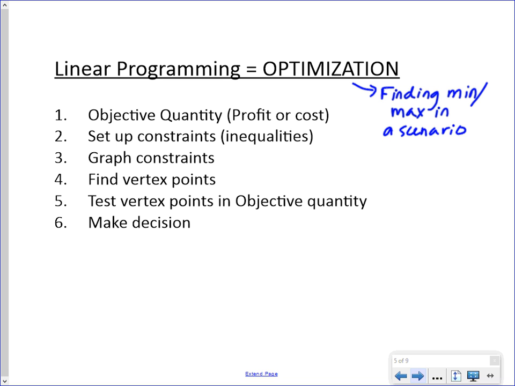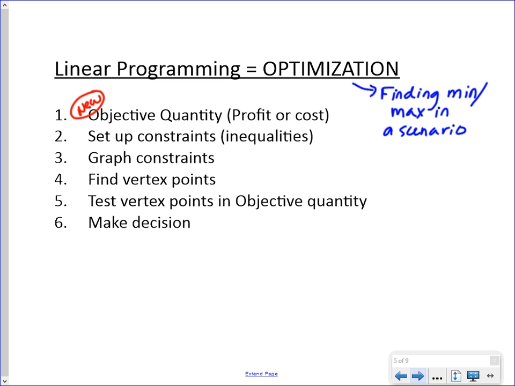Okay. Now, do you see that checklist underneath linear programming on your notes? It's the same sort of checklist I have up here, numbered 1, 2, 3, 4, 5, 6. These are the things that we're going to do to work out a linear programming problem. And this number 1, the objective quantity, that's brand new to us. We haven't talked about an objective quantity before, so I'm going to point that out in our first example.